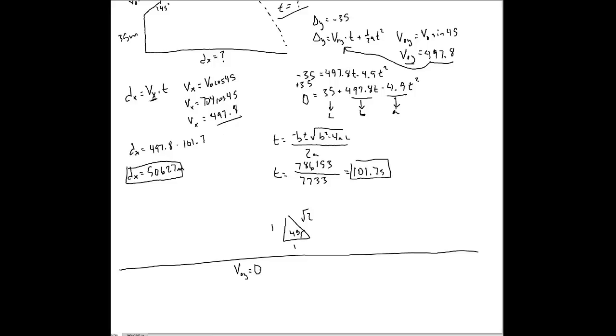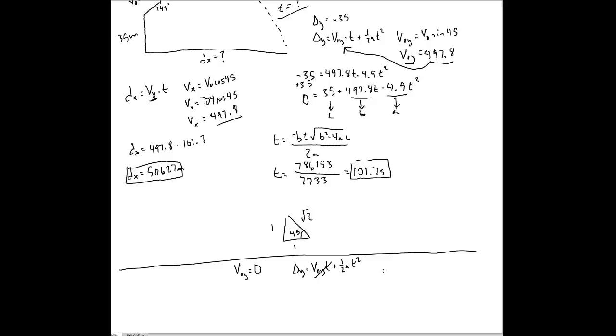So if our y velocity is 0 at the top, we can use delta y equals v naught y t plus 1/2 a t squared. Now, this goes away. Now, this t is different. This is the time it takes to get to the max height. That can be a little tricky to solve.